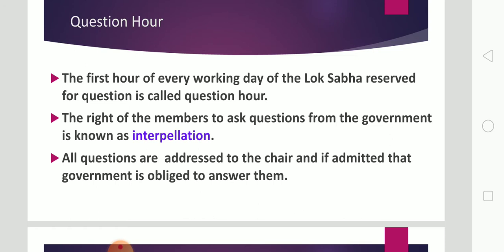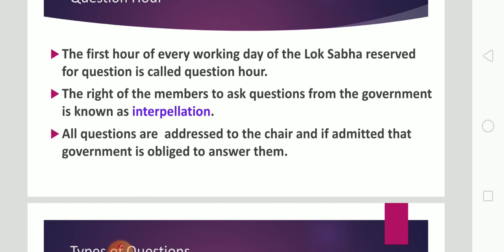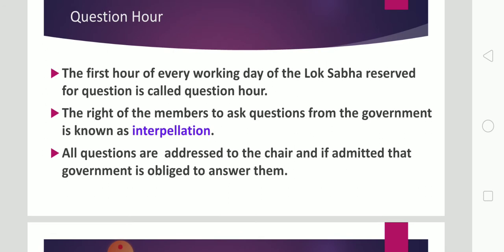The presiding officer, the Speaker of Lok Sabha, will verify the questions, and if he feels that these questions are valid and reasonable, he selects these questions. Then if the question is approved, the members will be allowed to ask questions.